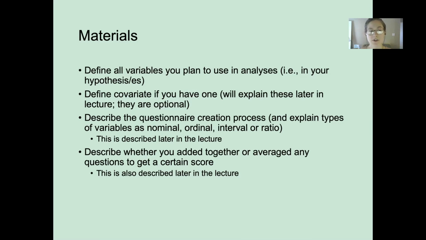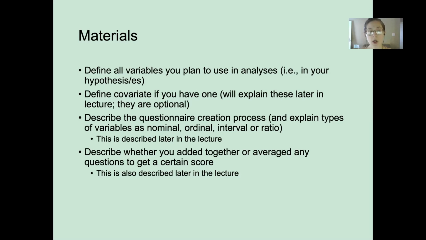Describe the questionnaire creation process, like how many questions you created and then how many you deleted and how many you ended up with in your final survey. Explain the types of variables as nominal, ordinal, interval, or ratio, which we are about to study in an upcoming part of this lecture series.